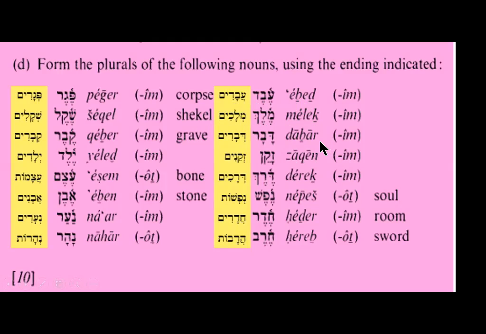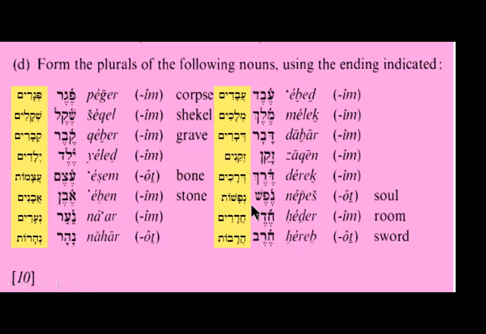melachim. Okay, davar is the word for word, or it can be for a thing, an affair, whatever, okay? The plural from davar is going to be devarim. Okay, zaken for an elder is going to be zekenim. Okay, derech is going to be derachim.